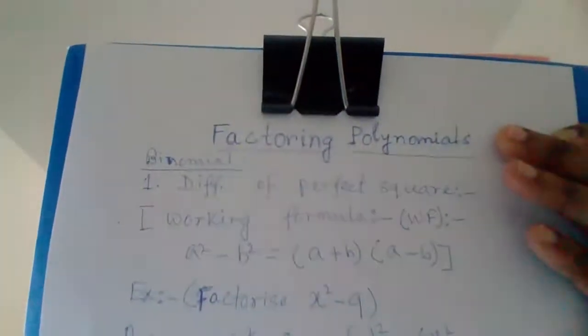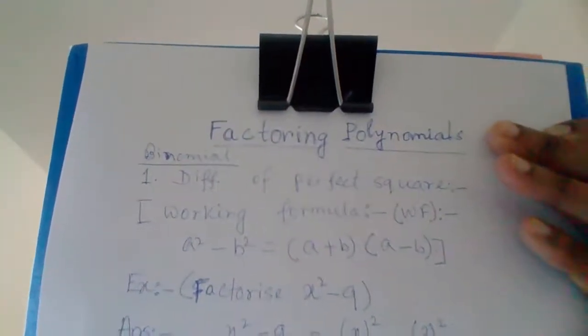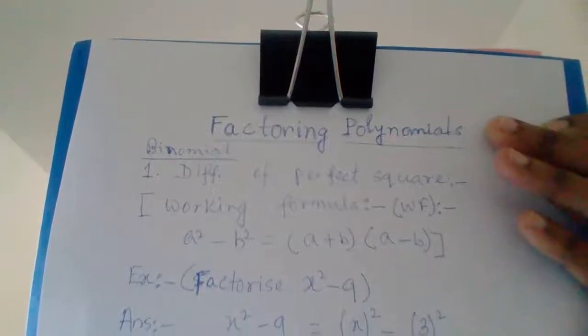And I am showing you my final answer so you all can copy it with your problem. It's x plus 3 times x minus 3. So this is one type of problem.